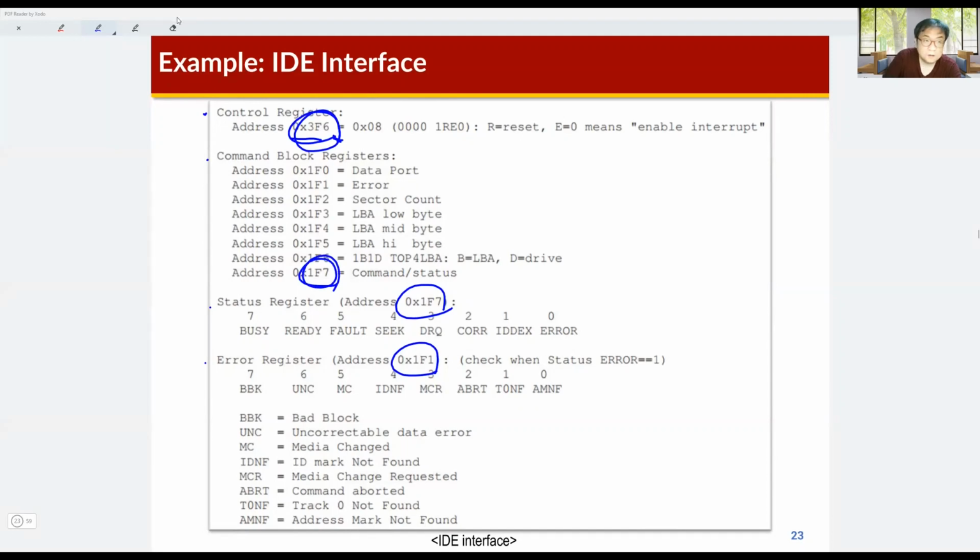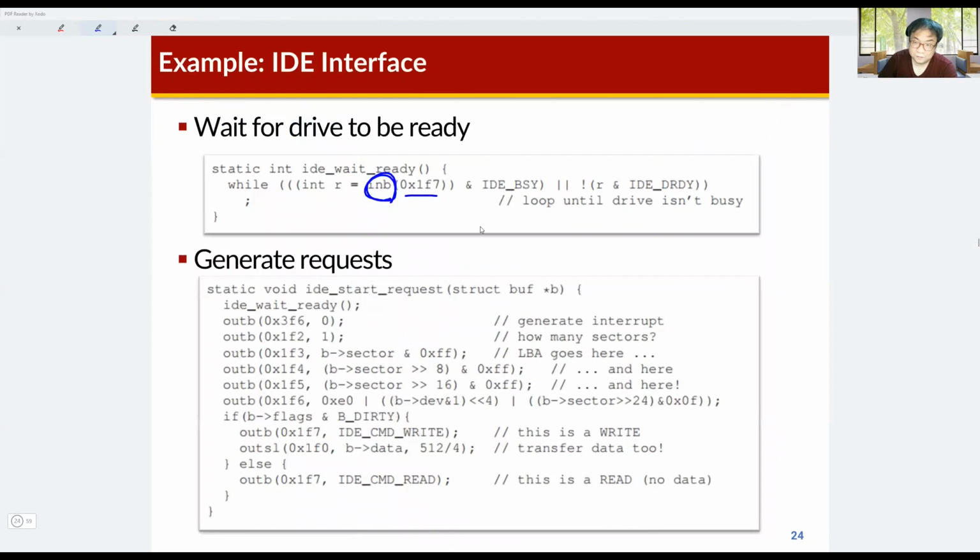So the CPU reads this status register from the IDE storage device, and then waits until the device is ready. And if the device is ready, then the CPU generates a request by writing some data to the control register of this IDE storage device.